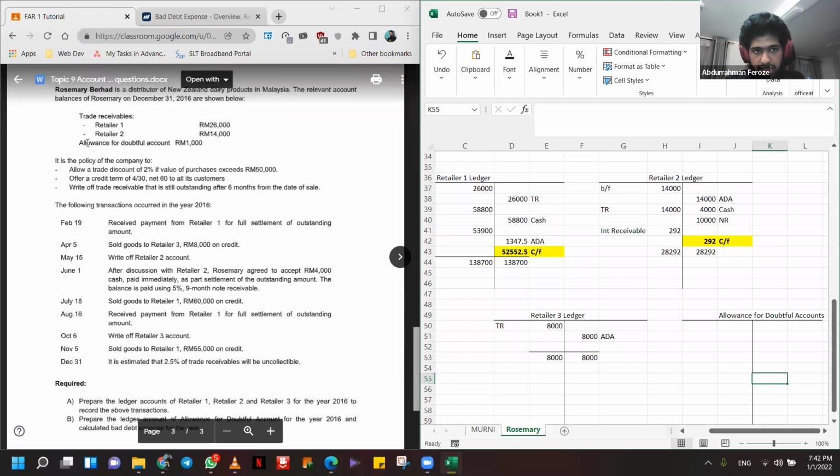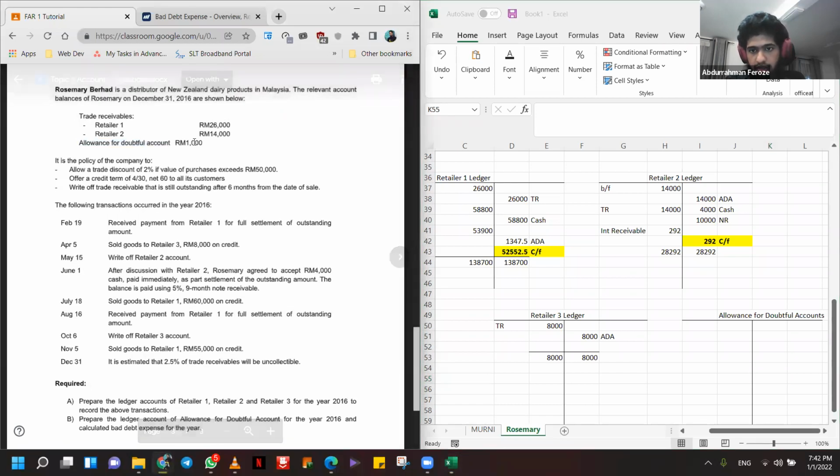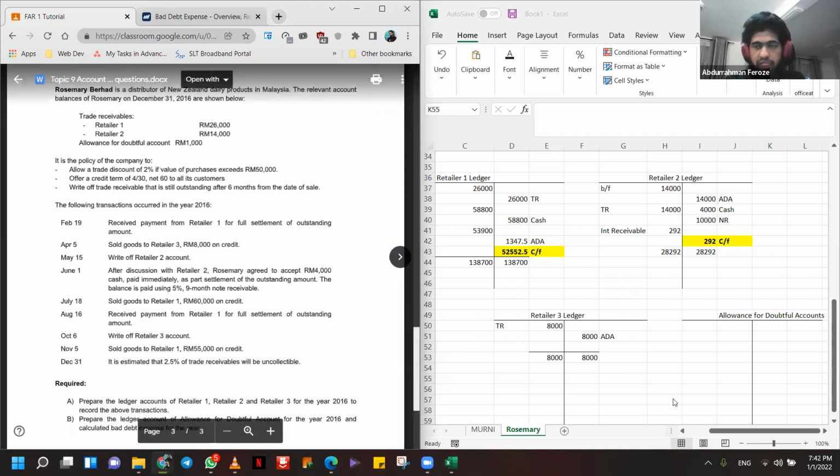So over here it says allowance for doubtful accounts. The brought forward amount was 1,000 ringgit. So when you're making allowance, you debit bad debt expense and you credit allowance for doubtful accounts, right? Yeah. So here put 1,000.